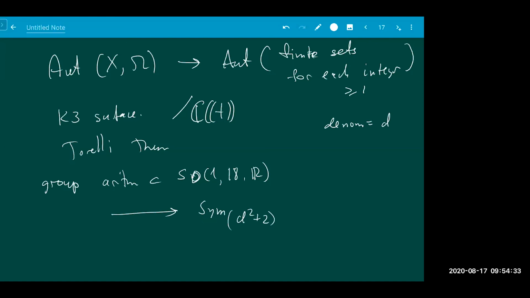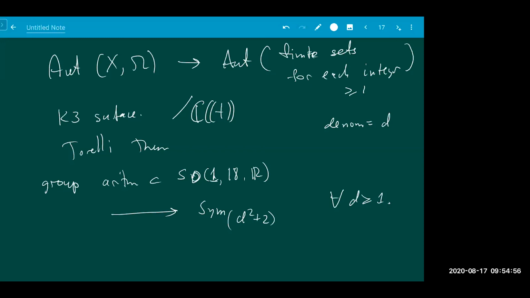It's really pretty amazing. You get an arithmetic subgroup in SO(1,18) with integer coefficients that maps to symmetric groups of such orders for any D greater than 1. And as far as I understand, it does not go through a congruence subgroup. It's really through this construction which I explained.